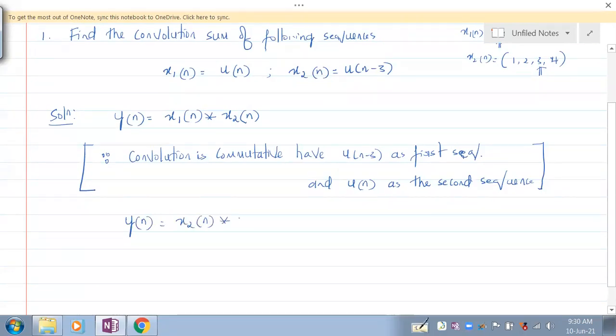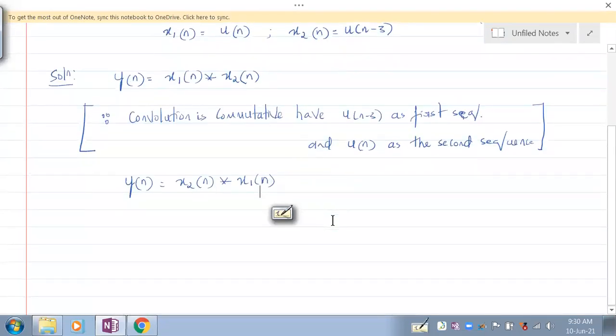This I'll convolve with x1. Both should give you the same answer. But this is what is going to help you. Fine. Now let's write the equation for this. Therefore, y of n would be summation k ranging from minus infinity to infinity x2 of k into x1 of n minus k. So this is what I wanted.